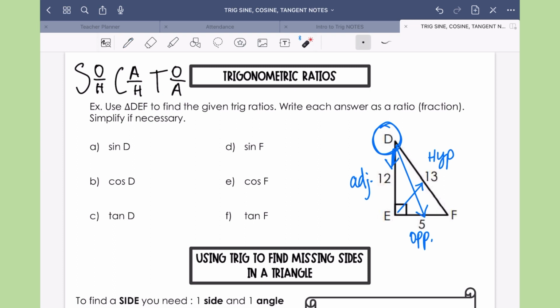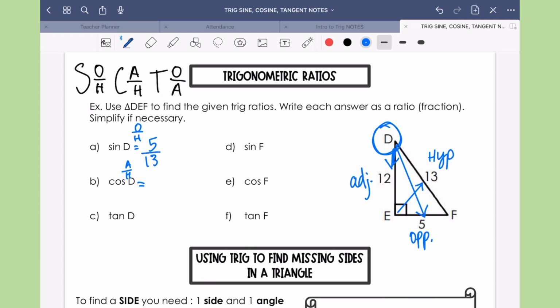Now I can set up my trig ratio. Sine is opposite over hypotenuse. So what is the length of your opposite side? 5. So 5 over hypotenuse, 13. Cosine of angle D. Cosine is CAH, not CUH.